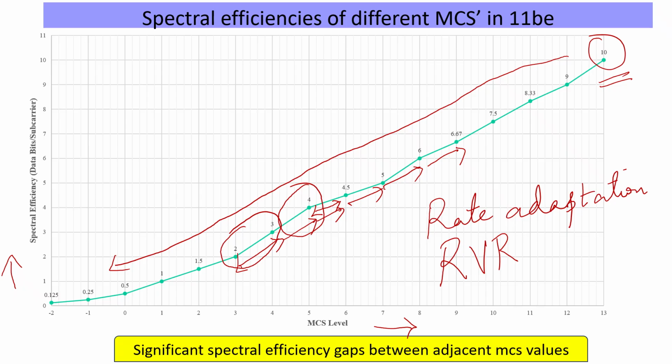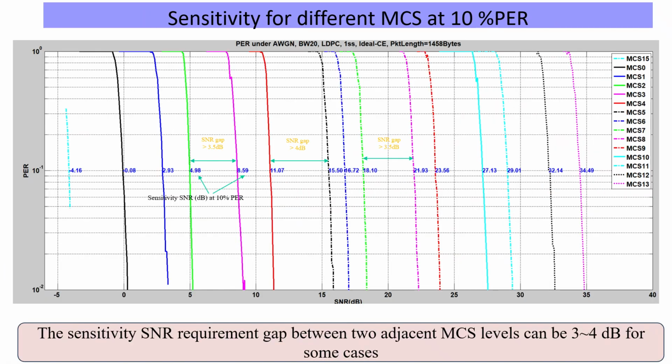Can we make those steps a little bit easier in terms of navigation for the rate adaptation and reap some benefits? And the other angle to this is also the sensitivity requirement. As you know, the golden number for a packet error rate, typically when we look at standards, is 10% PER. This could also be factored in some of the rate adaptation logic, which is proprietary inside the chips.